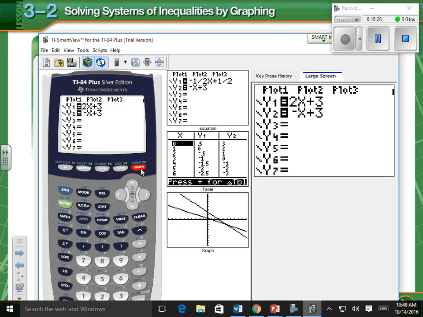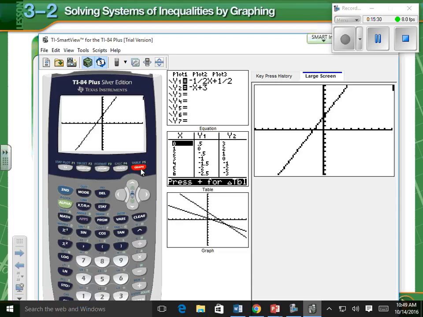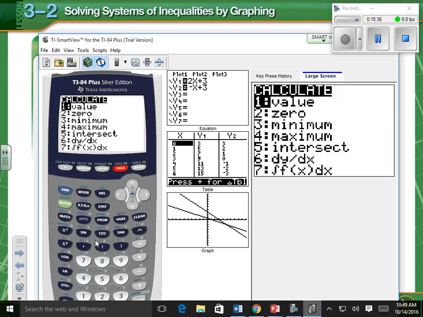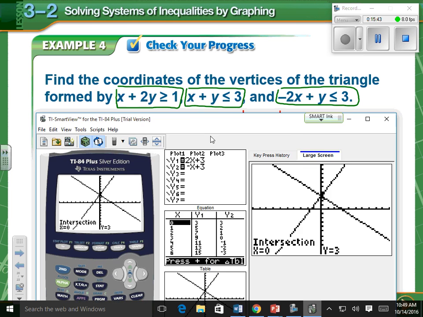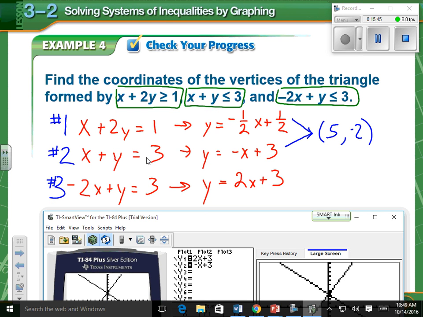Look at their graphs. I think I know where they're going to intersect. They both have a 3 y-intercept. So second trace 5, yeah, 0, 3. So that'll be the intersection between lines 2 and 3.